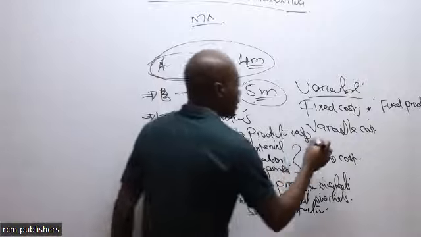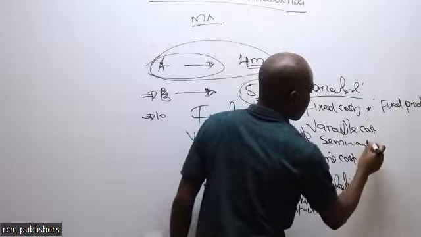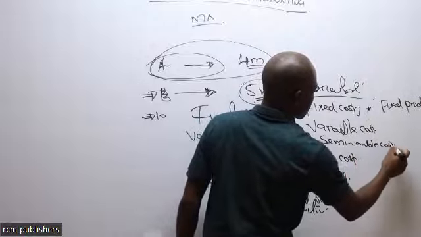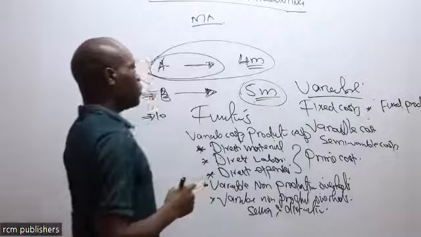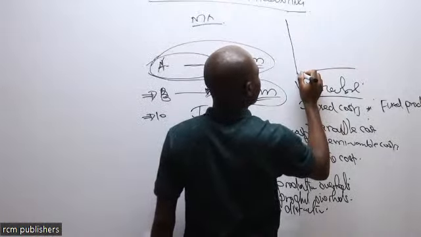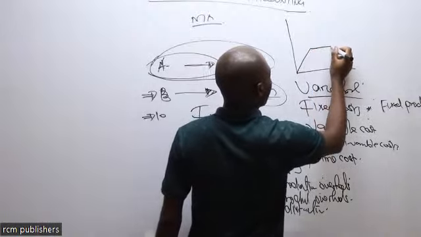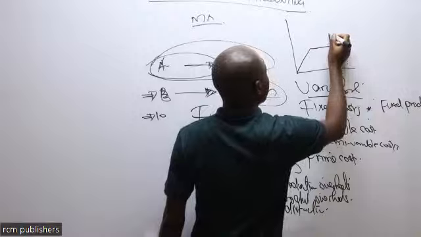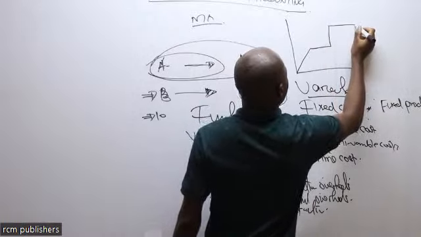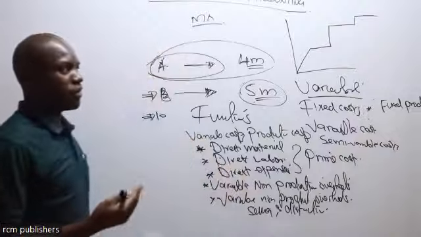And then there is this other portion called semi-variable costs. If you represent that in a graph, you are going to look at it in this particular manner. It varies, and on reaching a given point it becomes constant. Then it again varies. That is the behavior of what we call semi-variable.